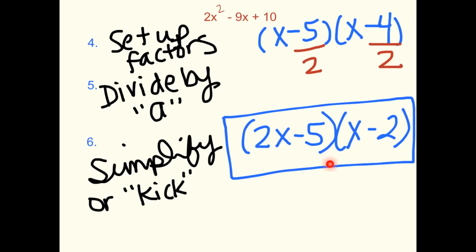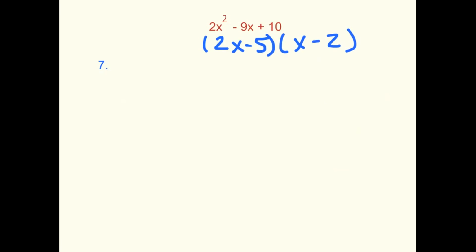If I were to multiply and FOIL these out again, I would get this quadratic equation. So even though I factored my quadratic equation and got two factors, I didn't find the roots yet. The very last step is you have to find the roots by setting each expression equal to 0.